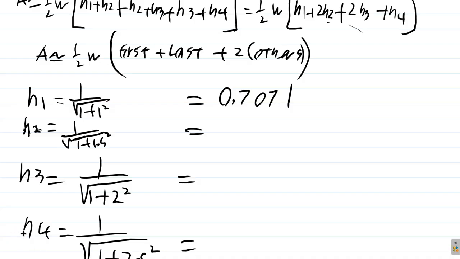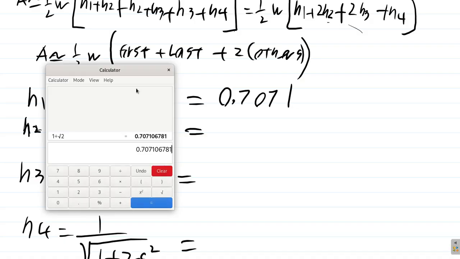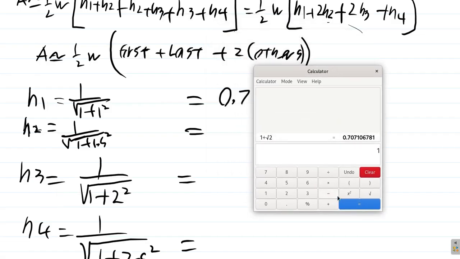For H2 now, it's going to be 1 over the square root of 1 plus 1.5 squared. Alright, let's do it like this. 1.5 squared, 15, 15, 225.